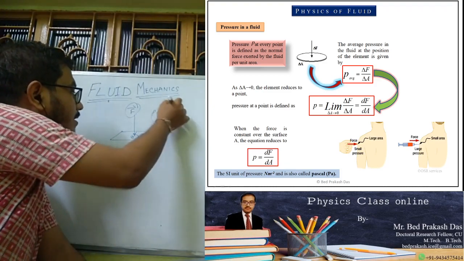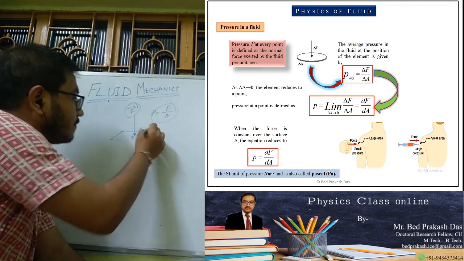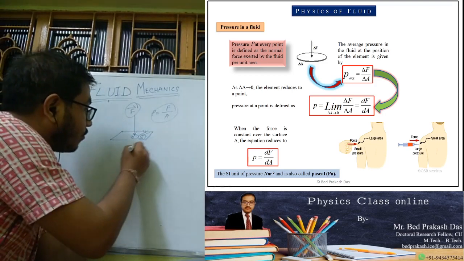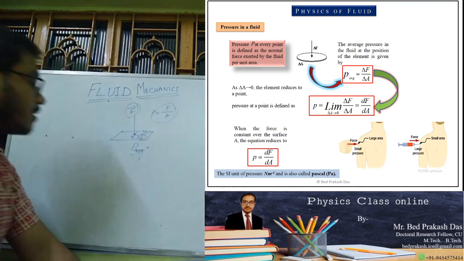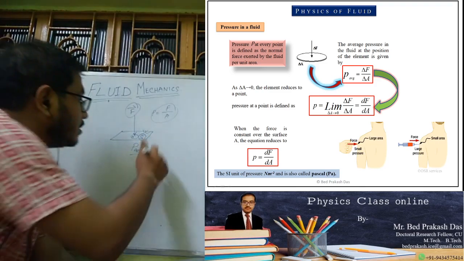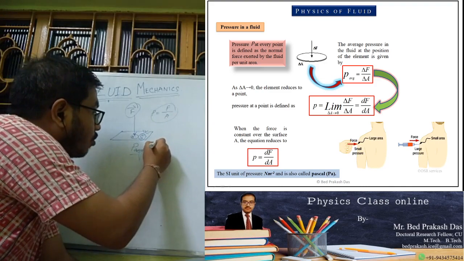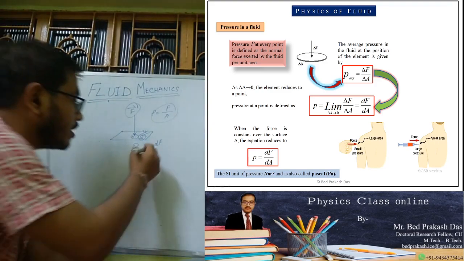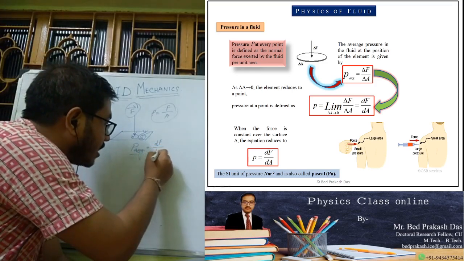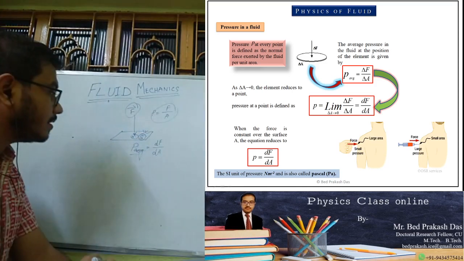Now, whenever we consider the whole surface, we go for average pressure. The average pressure is about the small change of force per small change in area.